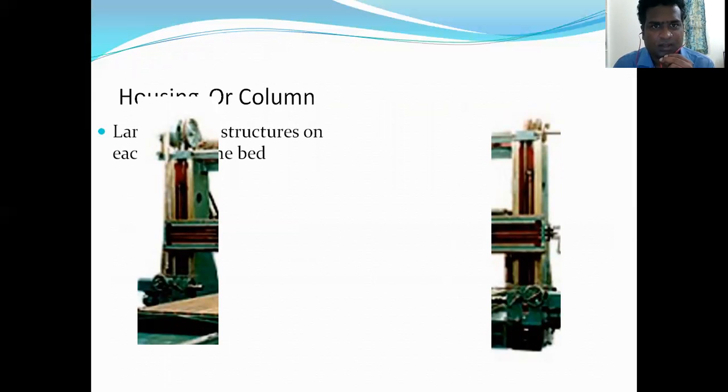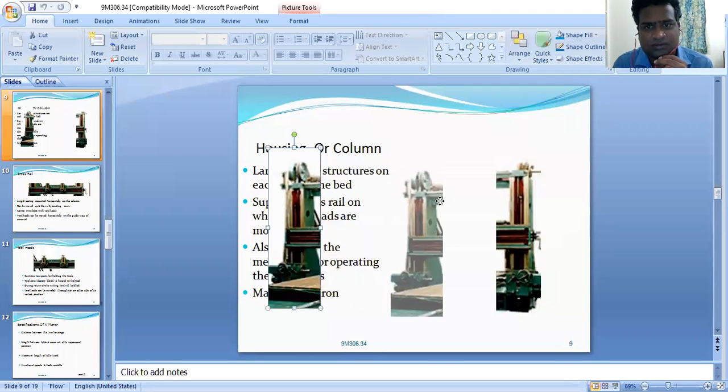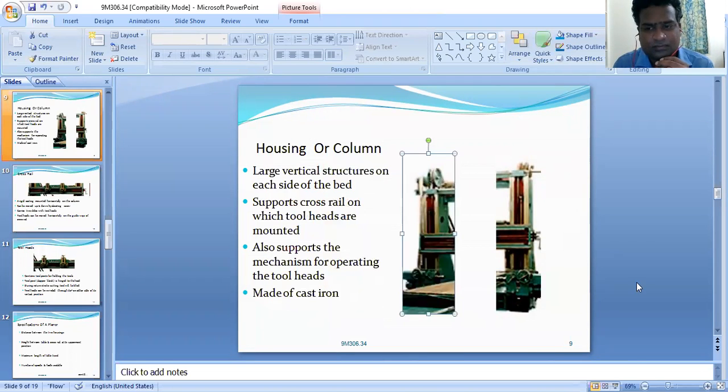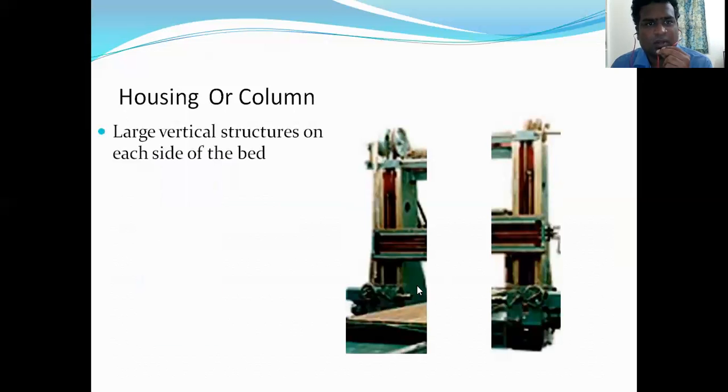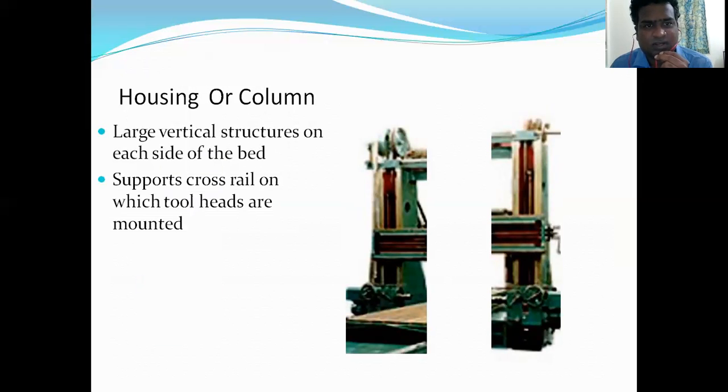And housing or column. It is a large structure, large vertical structures on each side of the bed, as we observed in the types of planer machines.